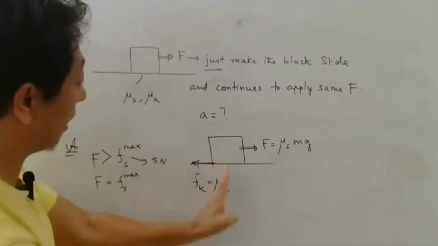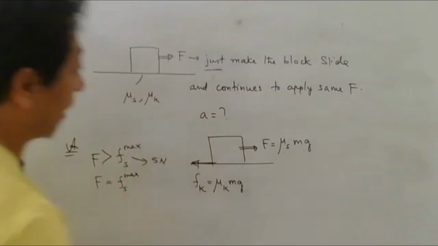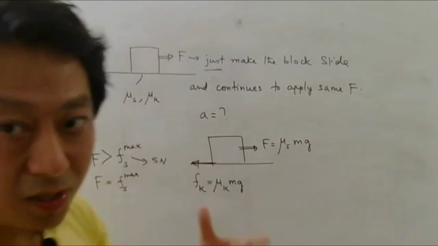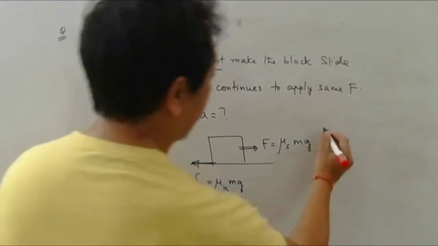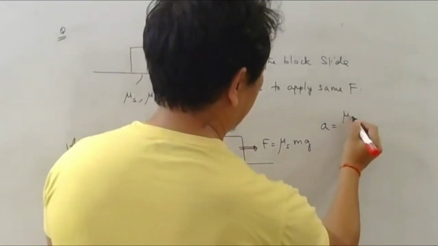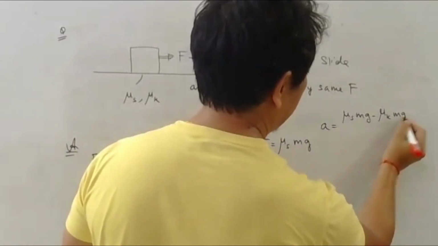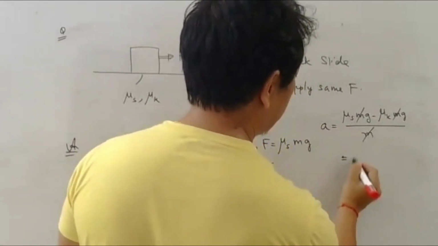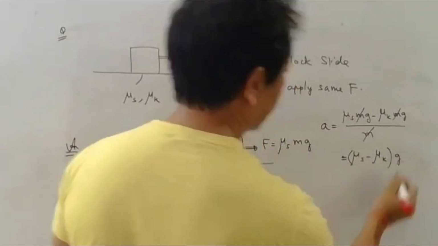Mu k into N. N is balancing mg. And we know mu s is greater than mu k, which we have learned in our theory classes. So if this force is greater than this force, what is the acceleration? Mu s mg minus mu k mg divided by m. M gets cancelled, so the answer is mu s minus mu k times g.